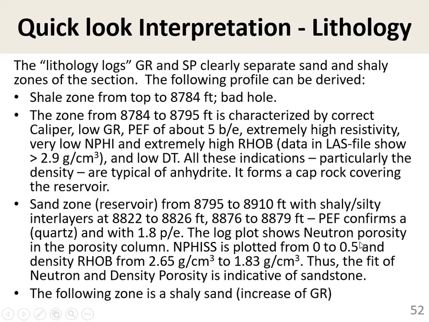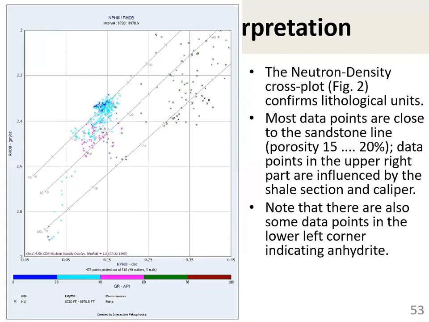The log plot shows the neutron porosity column, and this is telling us about the range for both the porosity and density. If you also check it on a cross plot, the points are indicative of sandstone. The following zone is shaly sand due to the increase of gamma ray.